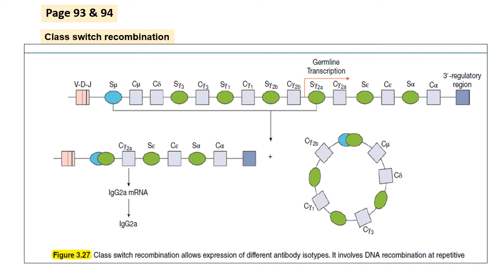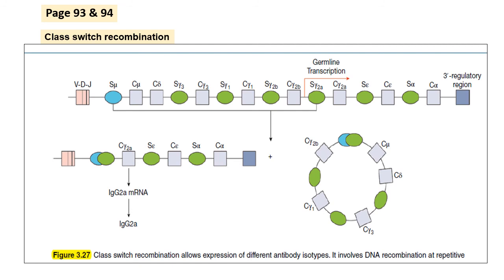For example, as we can see in this figure, constant region exons for IgD and the IgG, IgE, and IgA isotypes are located downstream of IgM. This is in the germline, and we can see the mu constant region exon and CSR.